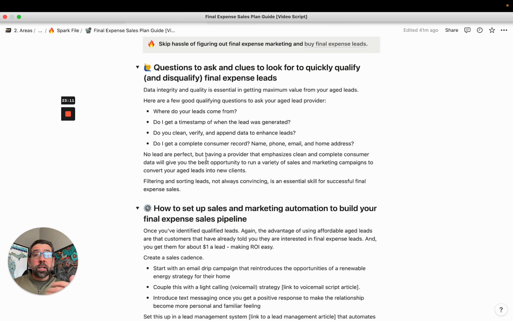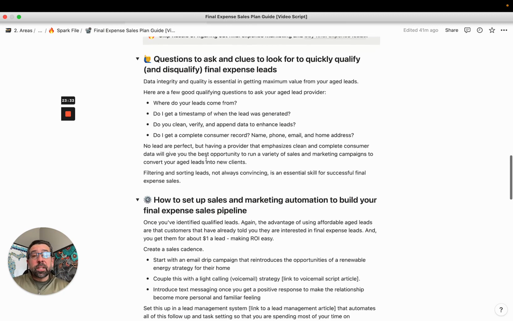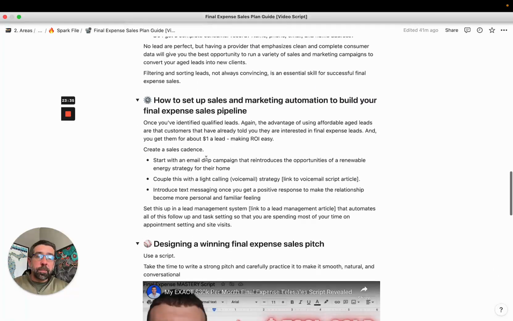You can email them, send direct mail, call them, you can actually knock on their door. It gives you all kinds of different opportunities to work that lead. Ultimately you're filtering and sorting, and you want to be able to pull, based on some of these data elements, exactly who you want to work on at any given time, and then build a campaign around them. Having a complete consumer record is going to help you with that.